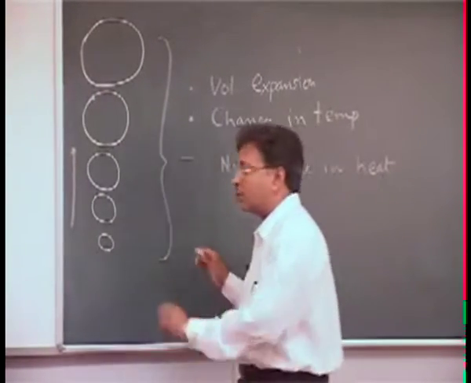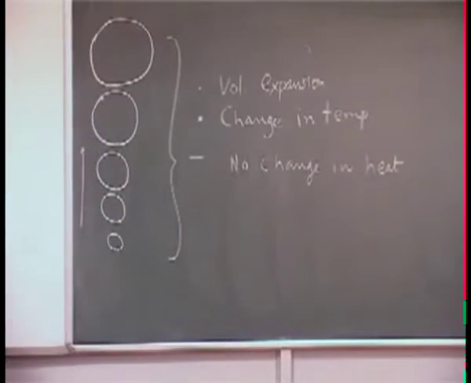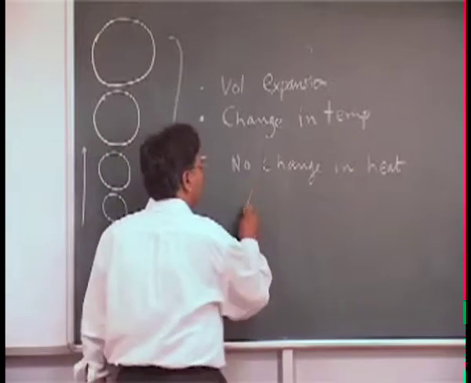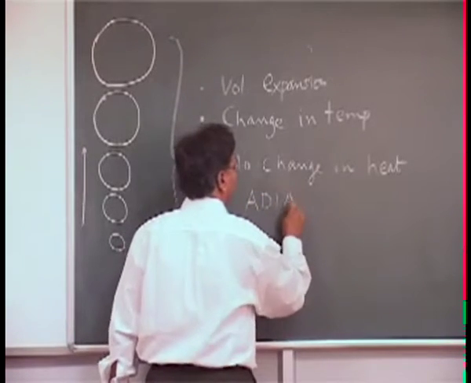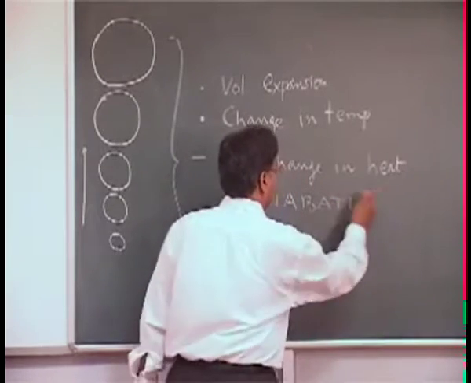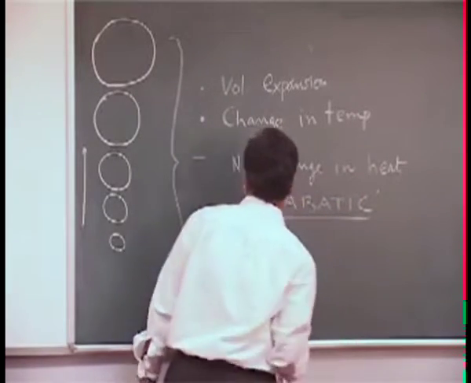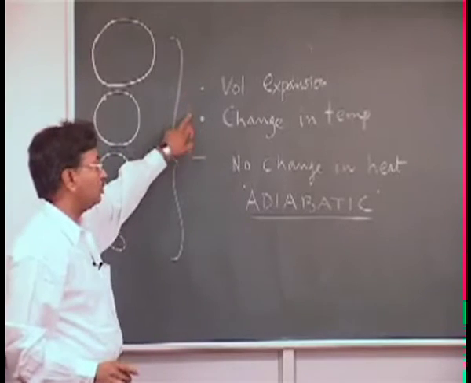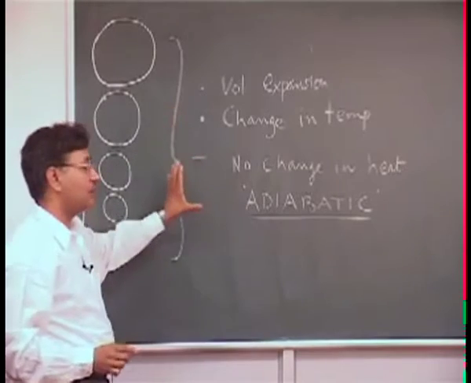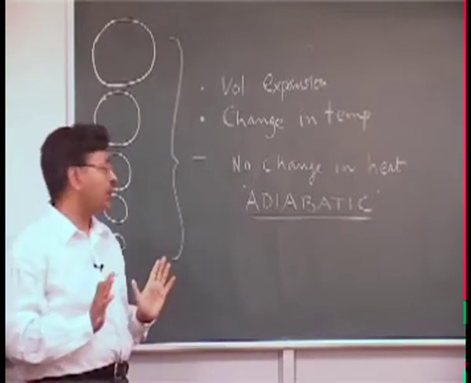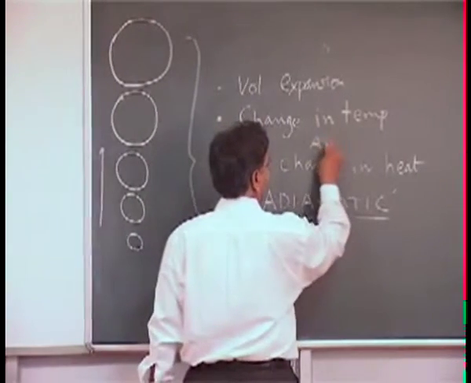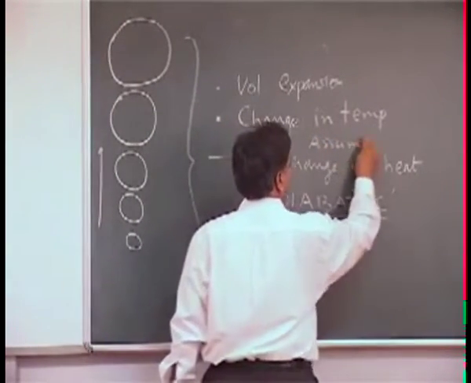The process which we will use to address our issue, we assume to be adiabatic. These are the two things that will happen, and we want to define them with respect to considering the process to be adiabatic. This is our assumption.